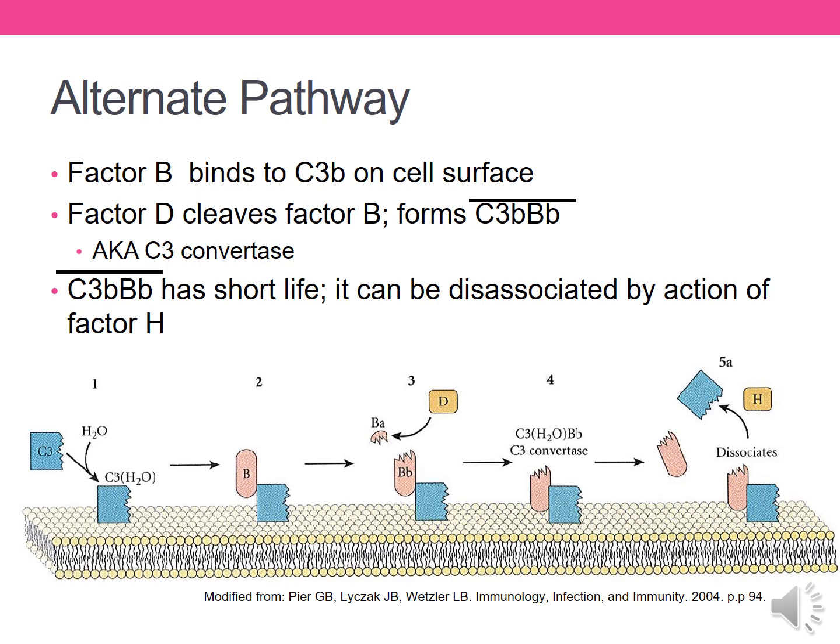It can be disassociated by the action of factor H. So if C3 does not come along and be cleaved by the C3 convertase, then factor H can come along and disassociate this, and the pathway will then be mute. It will stop at that point.